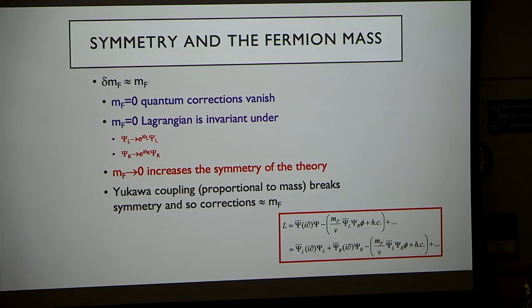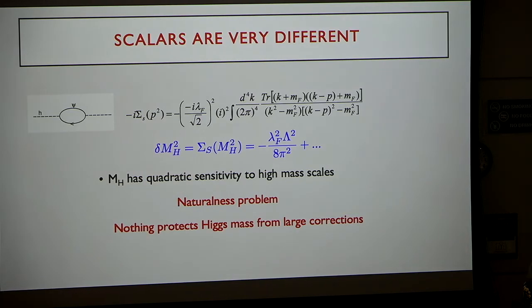It's logarithmic. But now let's think about the Higgs, the scalars. Let's do the same calculation, calculating the Higgs with a fermion loop. Same simple theory, same vertices here, and then the trace here of k slash plus m, k slash minus p slash plus m, same propagators, no swindle here. I'll integrate this with a cutoff using my notes in the backup, should I want to.